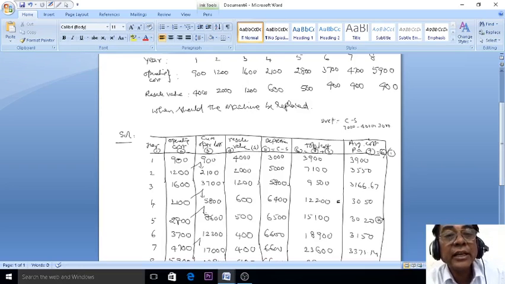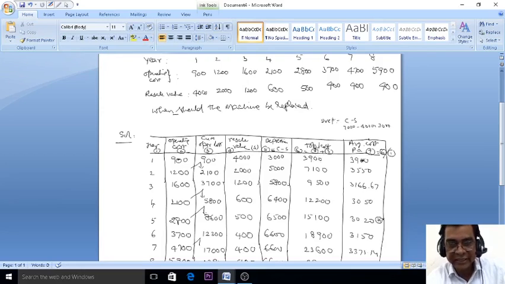Write down 900 as it is here, then keep adding down like this. Resale means the resale value given for the first year in the question. Depreciation is equal to cost minus resale value, like this. Total cost is fifth column plus third column.